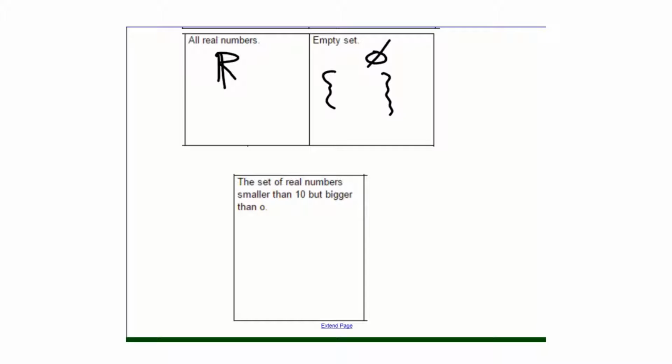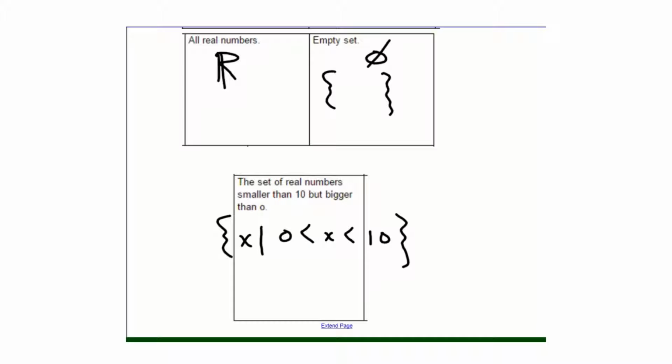The set of all real numbers smaller than 10 but bigger than 0, that's supposed to be a 0. So 0 is the little number, 10 is the bigger number. We read from left to right, so I've got 0 on the left, 10 on the right. Smaller than 10, so we want to be less than 10, but bigger than 0.